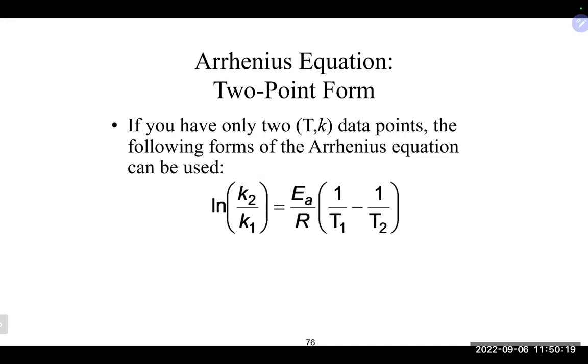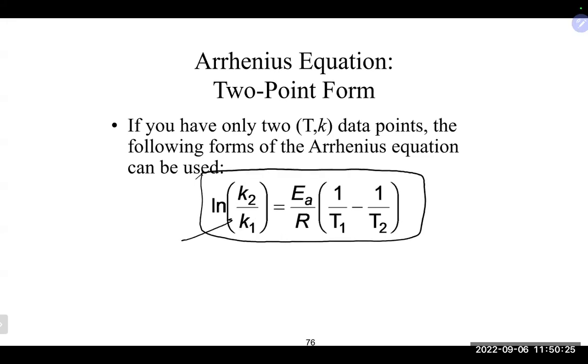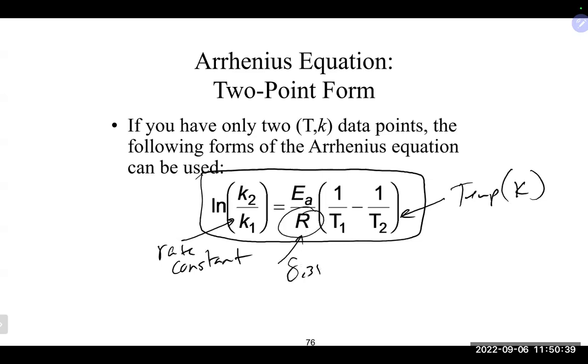So these are our normal characters here, if you will. These are the rate constants at two different temperatures. These are the temperatures, which do need to be in Kelvin, right? This is again our R that we were just using, which is 8.314. And that obviously is our activation energy, right?